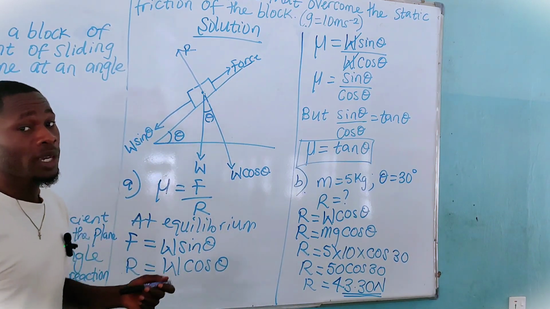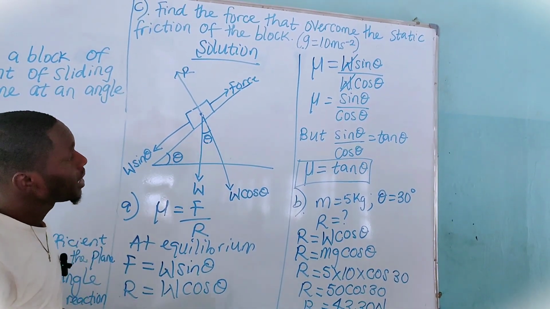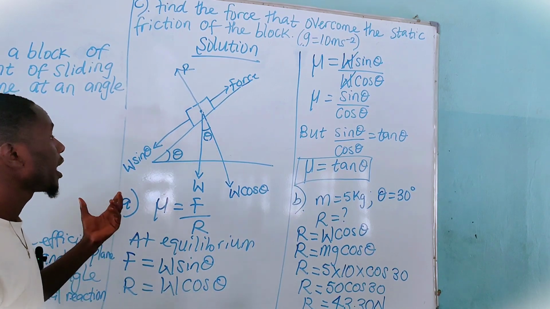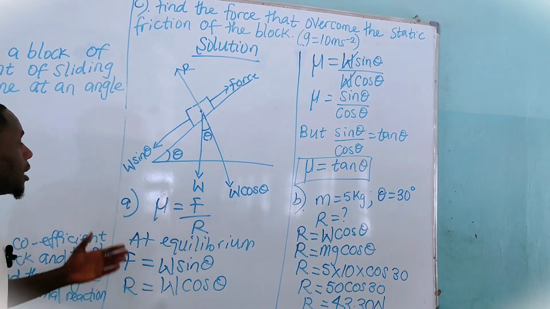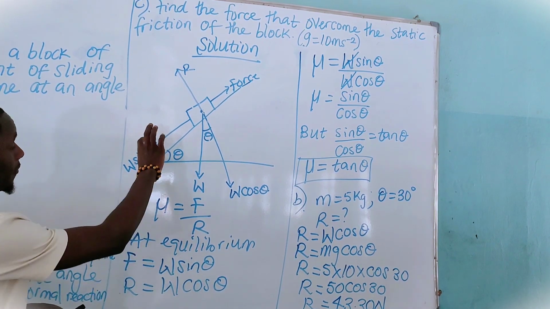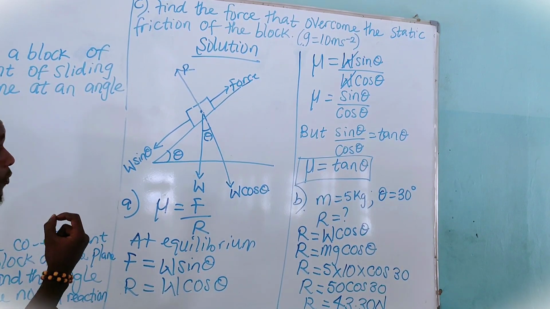The last part of the question says we should find the force that overcomes the static friction of the block. So that force must be equal to the vertical component of the weight.